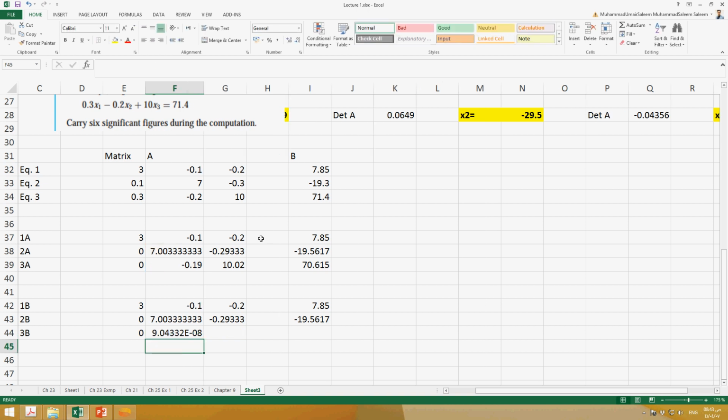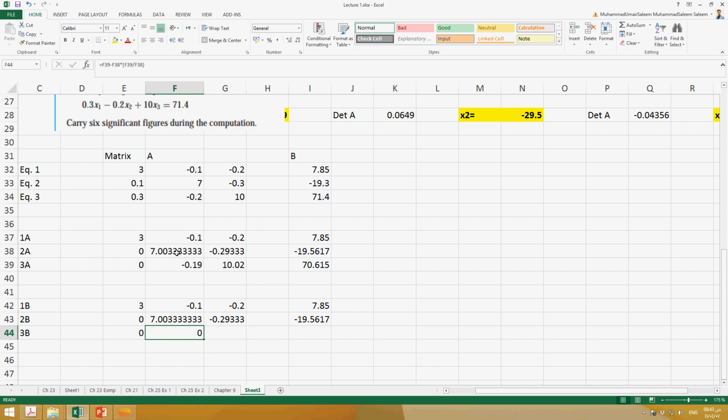Okay, it's approximately equal to 0. If you want to make it the perfect 0, the best thing is to put this cell itself here, divide it by this cell, and yes, 0.